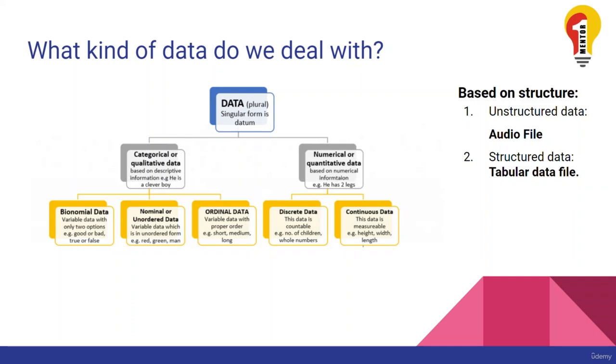If I ask you to order it, the very next question you will have is, how do I order it? Red is not higher in power or hierarchy than blue. So how do I order it? That's where ordinal data comes into play. You're not going to order it by color, but there will be some ways of ordering it.